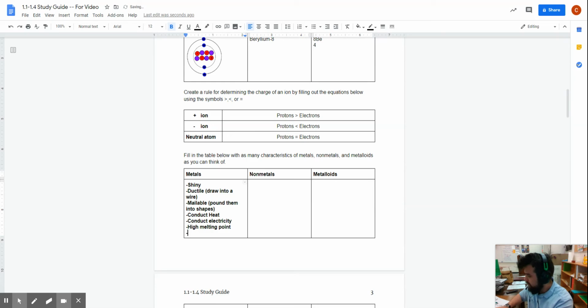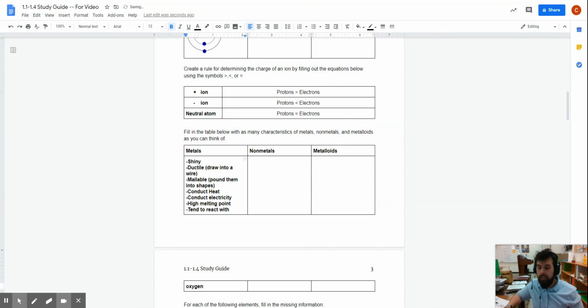Ooh. They tend to react with oxygen. That is one that I remember from the videos that I have been diligently watching on Google Classroom. I'm going to reduce the font of this a bit to just get it to fit on one page.